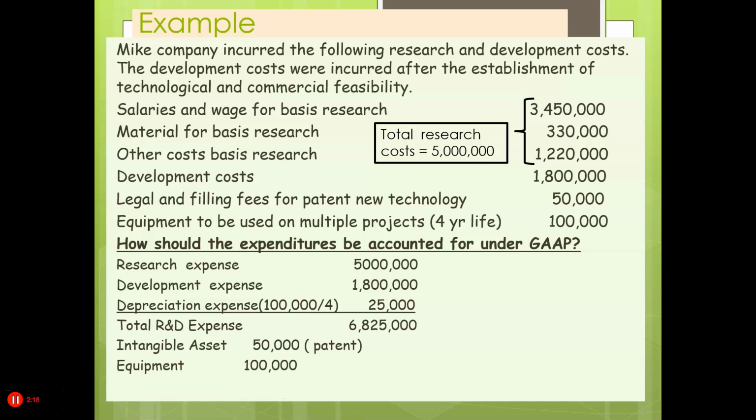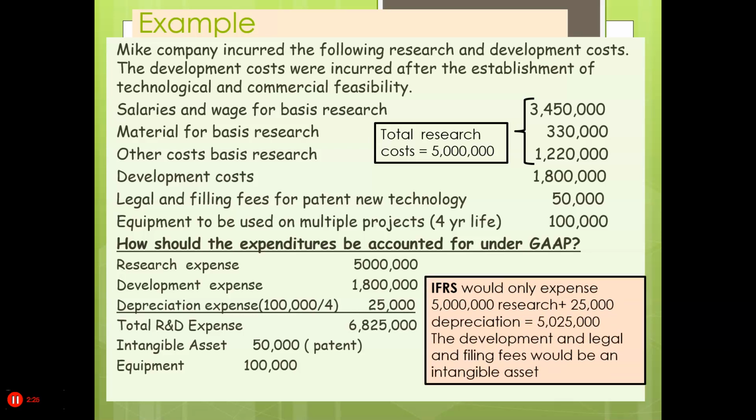We'd have an intangible asset of $50,000 and equipment of $100,000. Now, under the international standard, it would be different. They would only expense $5 million, and they would capitalize the development costs.